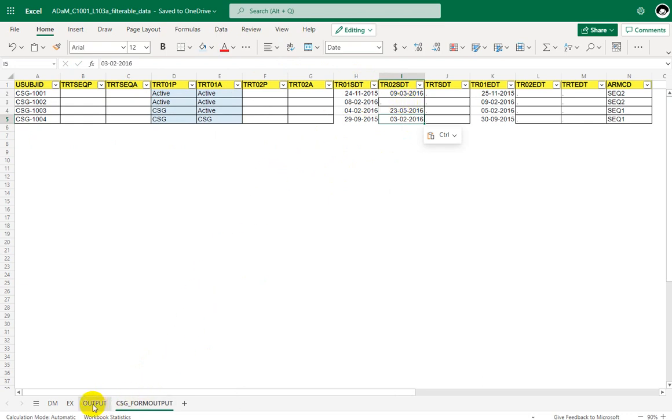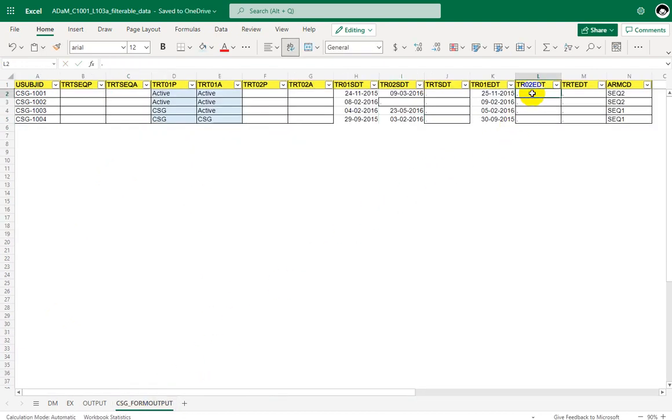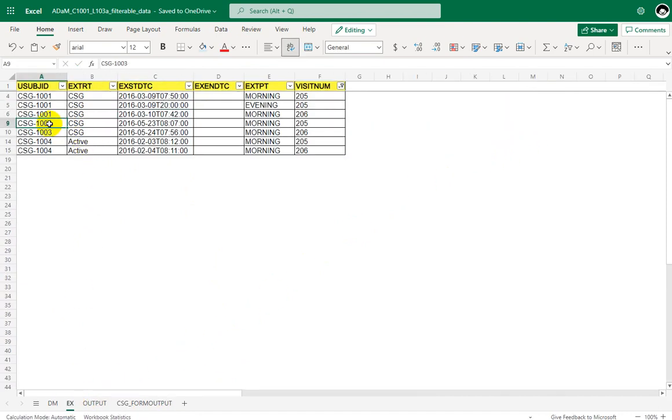So let us try to populate TR02EDT as well for these subjects. So of the three records available for 1001, the latest record is 10th March for subject 1001. So this will become our TR02EDT. So let us take a look at the data for subject 1003.